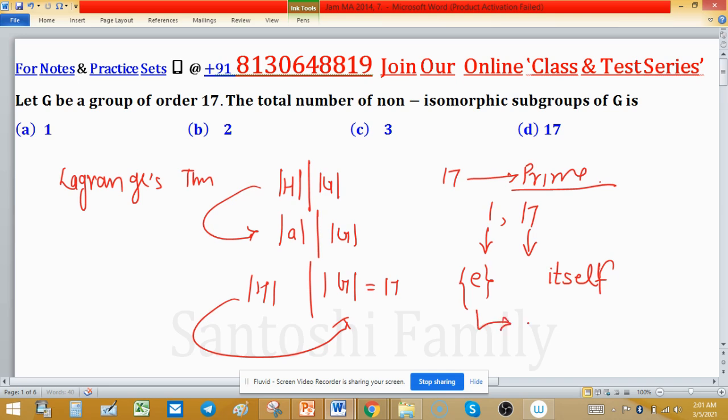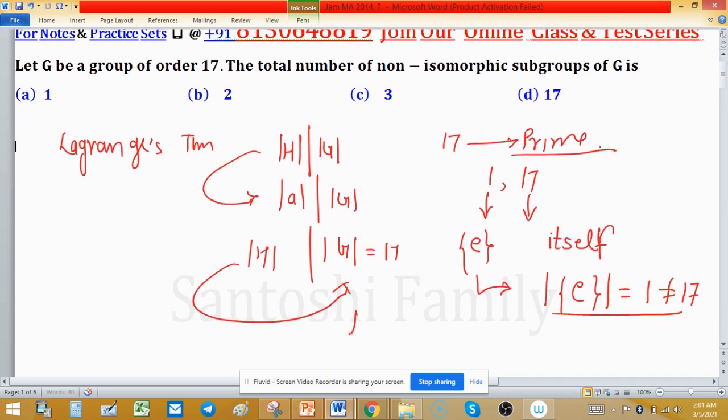The order of this group is 1, not equal to 17. If we check isomorphism, then E is not isomorphic to G, because the order of this one is not equal to the order of G, and two isomorphic groups have the same order.